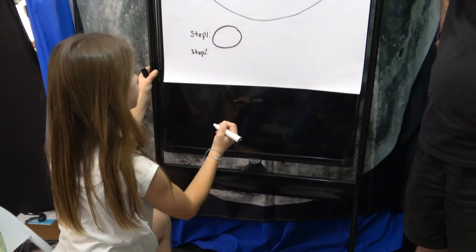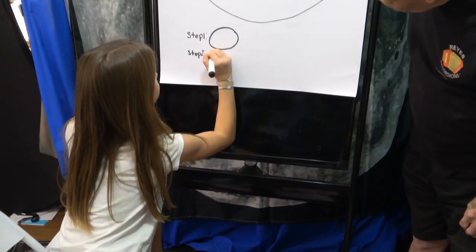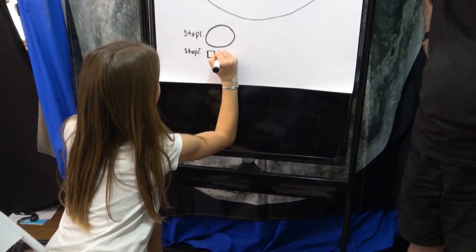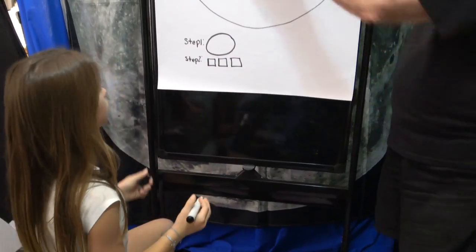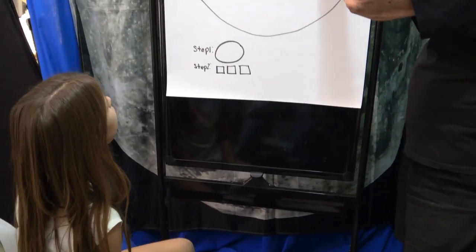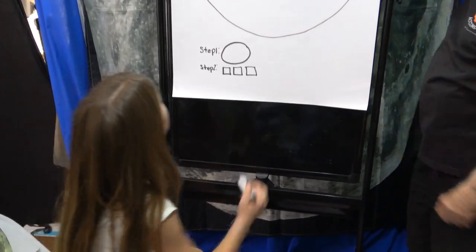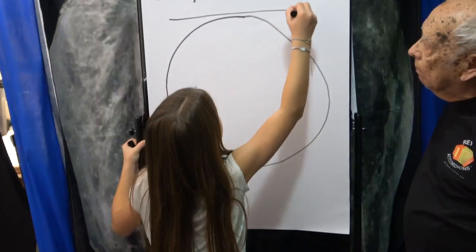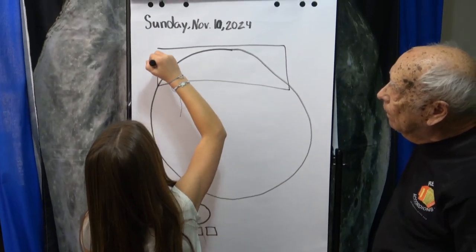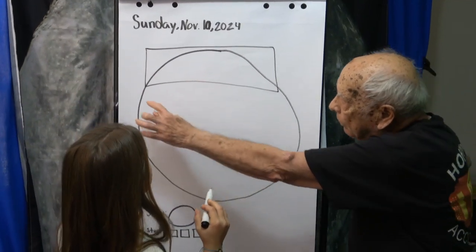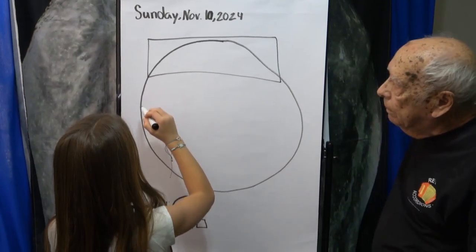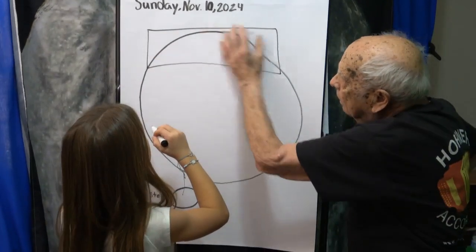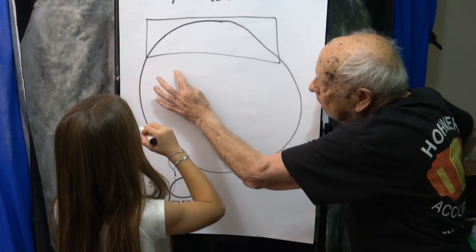Three boxes. So now, draw a box here, a rectangle like that. Okay, and now tip this over and draw one like so. Just take this box, tip it down.